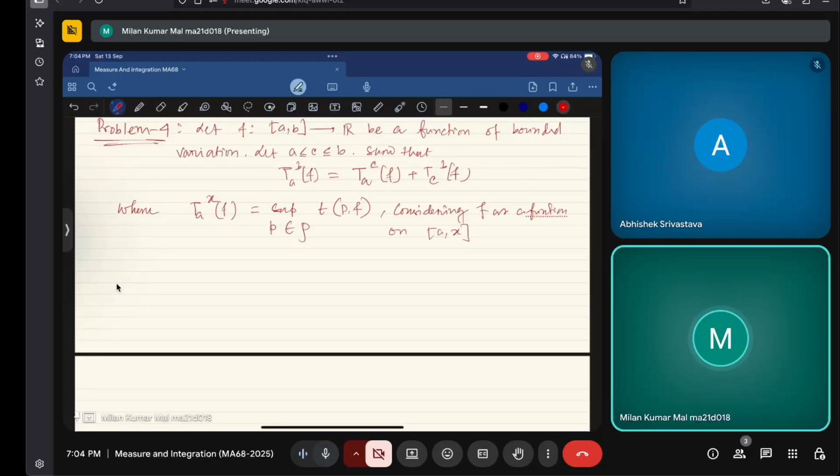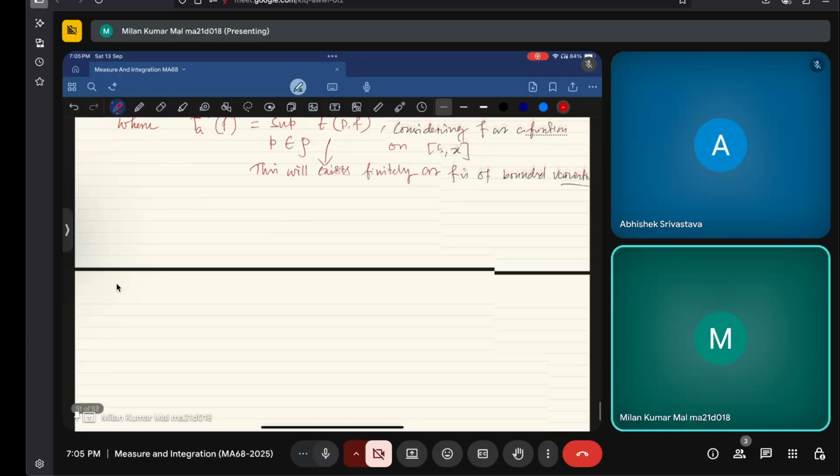Here the given function is of bounded variation, so this supremum will exist finitely due to the bounded value. So let's try this one.